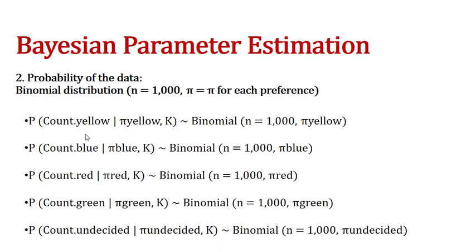Basically, what we are trying to say is, in these 1000 observations that we have in our sample, what's the probability of observing 1 out of 1000 that prefers yellow, given that in the population the proportion of yellow supporters is a certain amount? Okay, so let's say the proportion of people in the population that supports the yellow party is 0.2 or 20%.